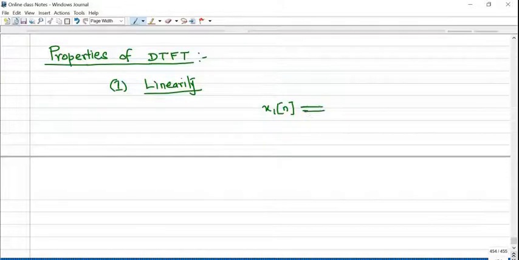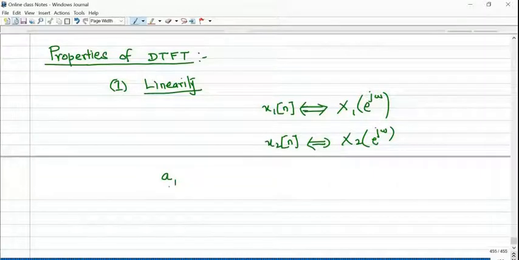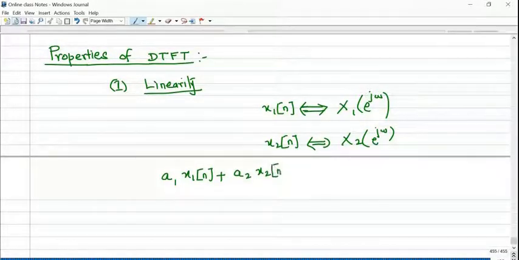If you find the DTFT of this x1 of n, let's represent the result as X1 of e power j omega. Suppose for x2 of n we apply the DTFT, let's assume X2 of e power j omega. Now the linearity property says: a constant a1 multiplied with x1 of n plus a2 multiplied with x2 of n.